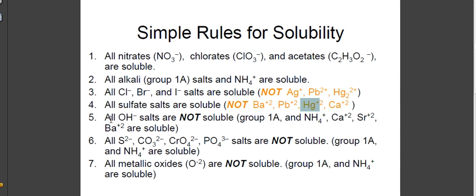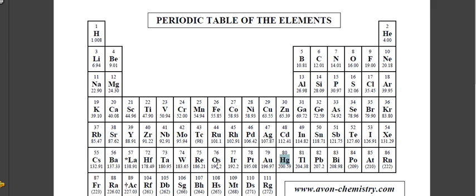All right, number 5. All hydroxides, OHs, are not soluble except with group 1A, ammonium, calcium, strontium, barium. These are soluble. Now, one way that I say this, if you're looking at the periodic table, all hydroxides are not soluble except for group 1A and then calcium on down. Okay? Again, all hydroxides are not soluble.